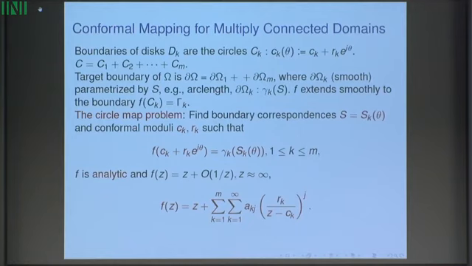Anyway, I more or less stated the problem, so what do you want to do? You're given some parameterization of those curves, maybe analytic, like ellipses or inverted ellipses. But often, how do you define a boundary curve?